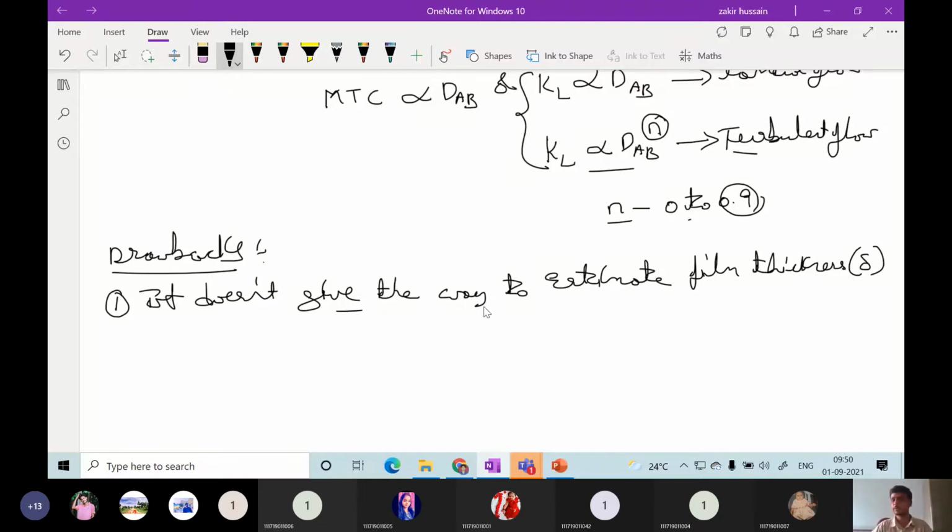It explains the mechanism taking place within that film, and that is a fine thing, but the drawback is that it does not give any way to estimate the film thickness.